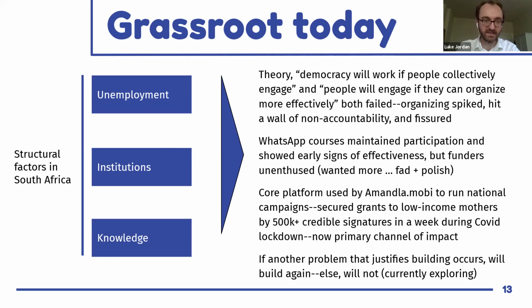But one was that precariousness and unemployment just meant that with extremely volatile income streams, it was very hard for people to do long-term stable organizing. It was also very easy for distrust to happen and to grow or to be instigated from outside.